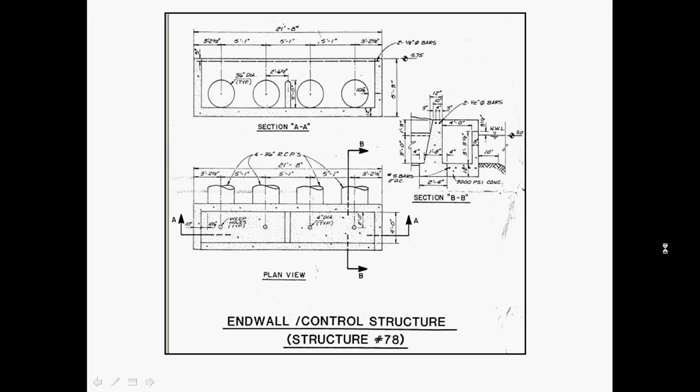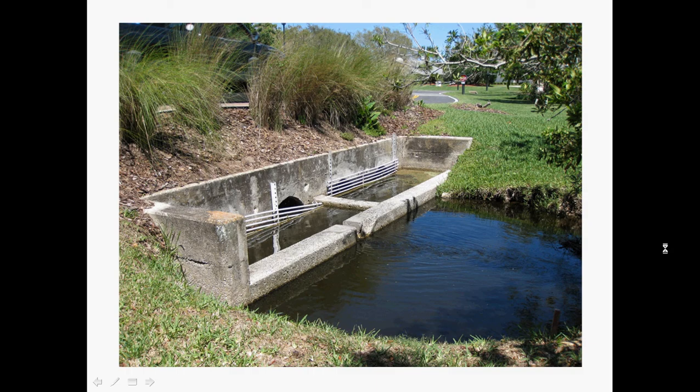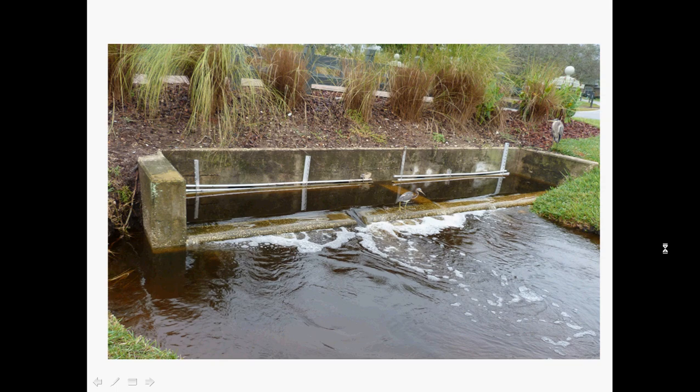These are the details of the specifications that were shown on the lower left on the prior slide. And this is what it looks like during the dry period. And this is after heavy rain.